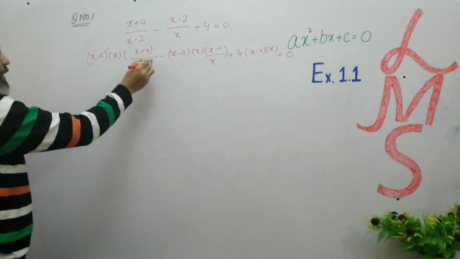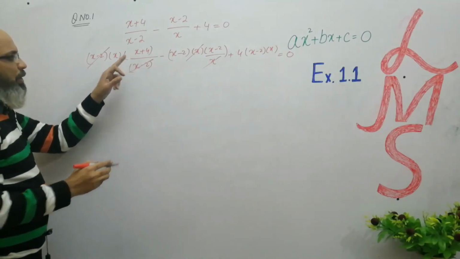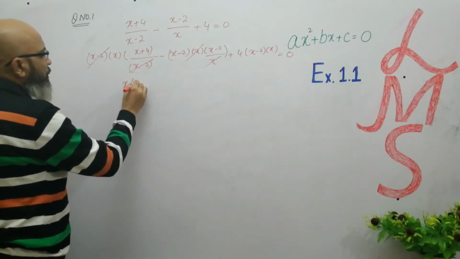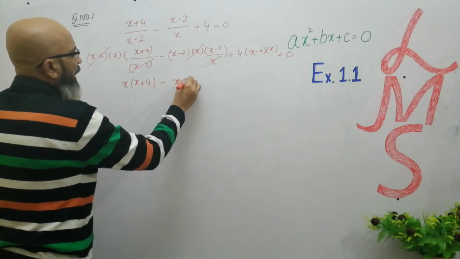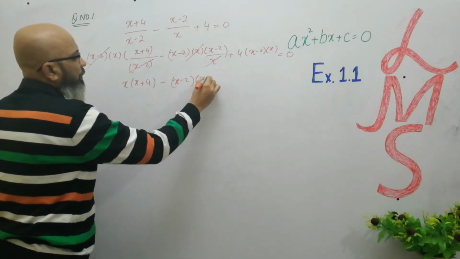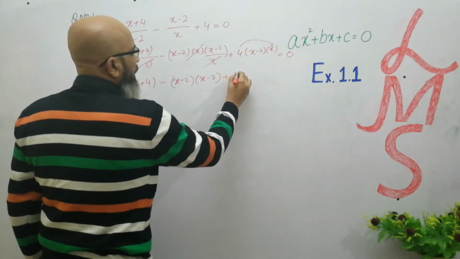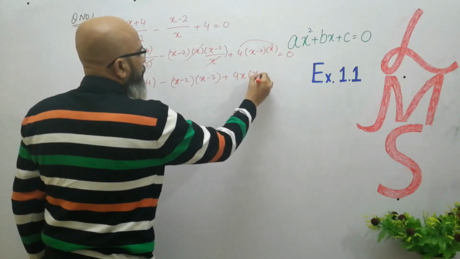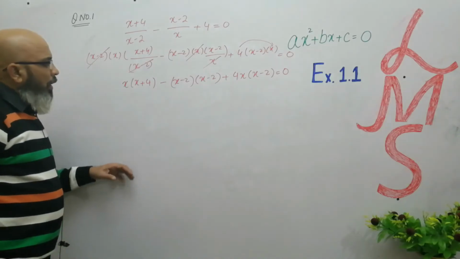So here we will cut x minus 2 with x minus 2 and here x with x. So now you can multiply here x into x plus 4 minus x minus 2 into x minus 2, multiply 4 with this one plus 4x into x minus 2, that is equal to 0.